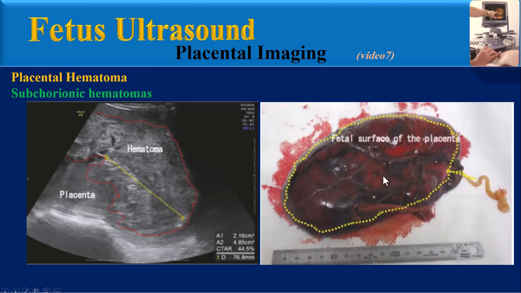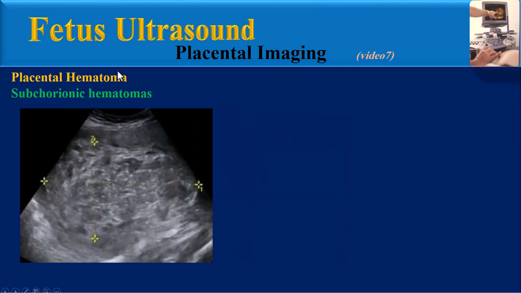This gross image of the placenta after delivery shows a subchorionic blood clot measuring about 12 cm that covered a large portion of the placenta and had a well-defined margin on the fetal surface. Another example of massive subchorionic hematoma: a 33-year-old woman at 24 weeks gestation.